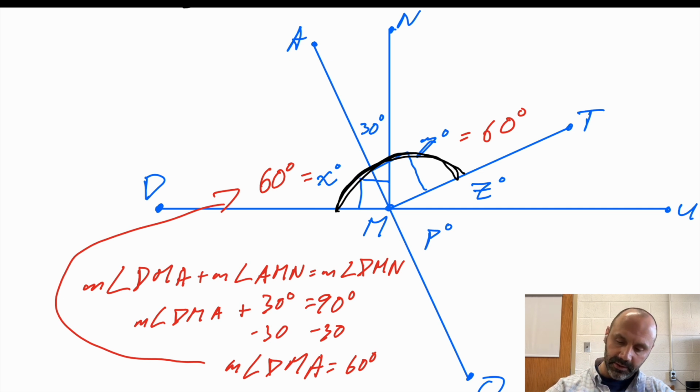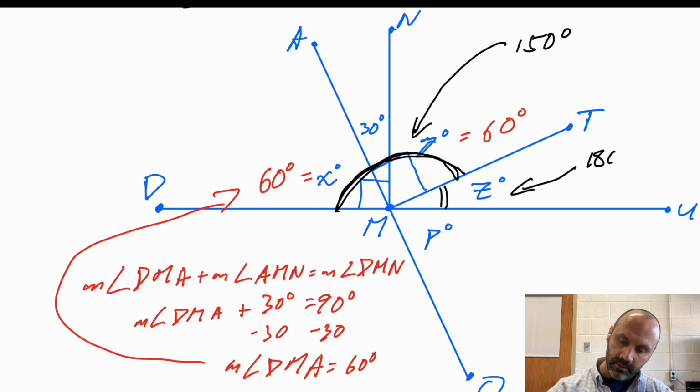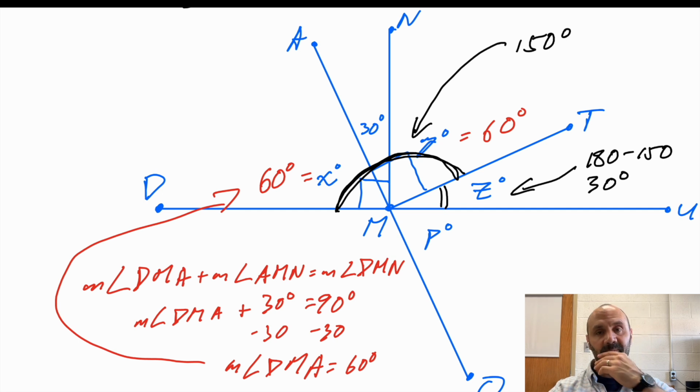But that plus this angle right here have to add to 180 degrees. So I said 60 plus 60 plus 30 is 150 degrees. So that means Z has to be 180 minus 150, which is 30 degrees.